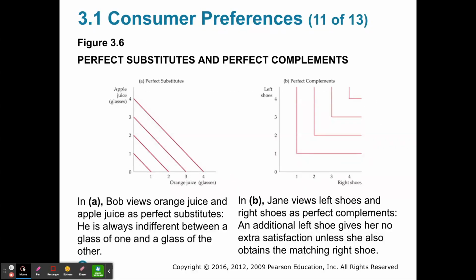So let's first start by looking at perfect substitutes and perfect complements. In the case of perfect substitutes, what you see is that the indifference curves are exactly parallel to one another and linear, meaning you are equally willing to give up apple juice as you are to get orange juice.